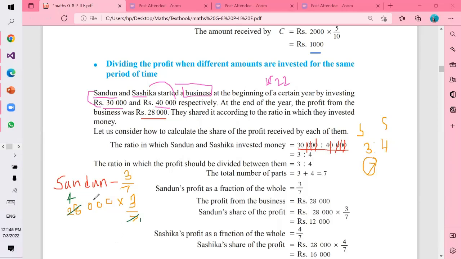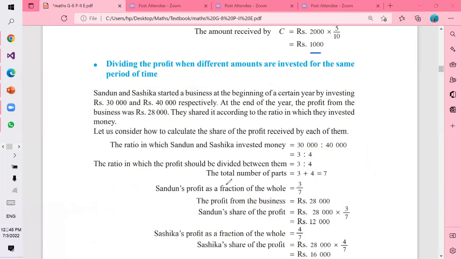Then when you multiply 4,000 by 3, what is the answer? 12,000. So that is Sandhu's share of the whole profit. Okay. So now we saw Sandhu's profit as a fraction. Now we'll see Sashika's profit as a fraction.